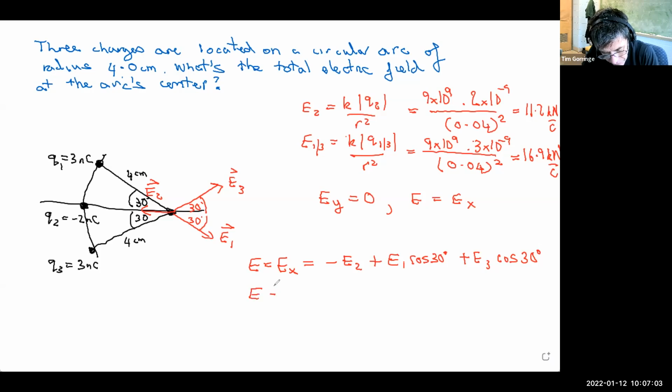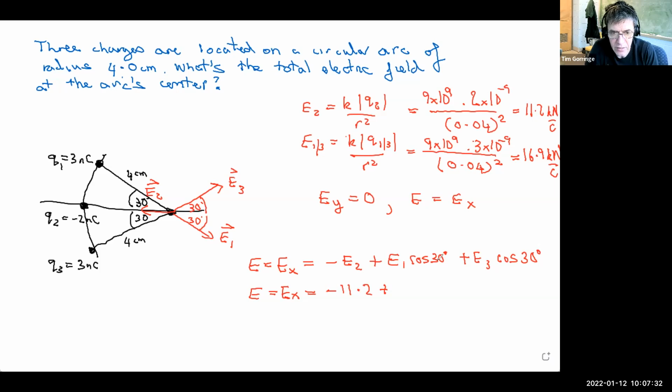And so let me go ahead and just add up these three terms. So E, the net electrical field, which is Ex, the net electrical field in the x direction, is going to be the minus E2. So that's minus 11.2 kilonewtons per coulomb, plus E1 times cosine 30 degrees.